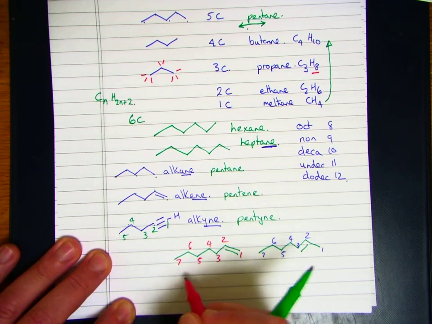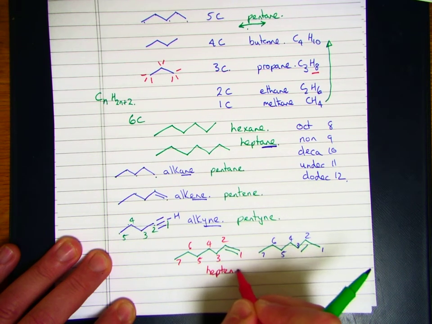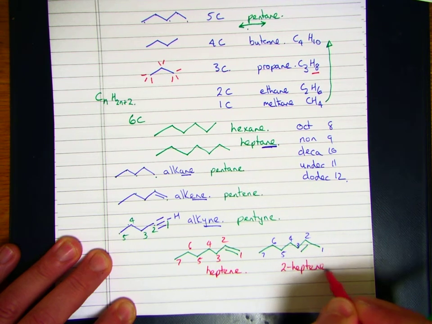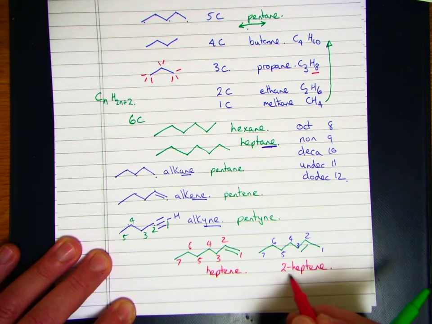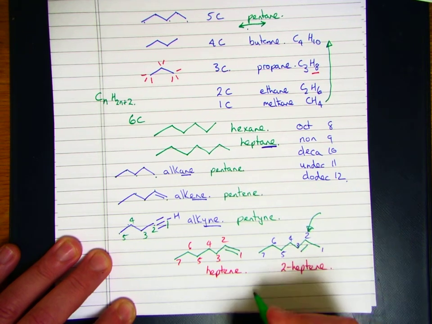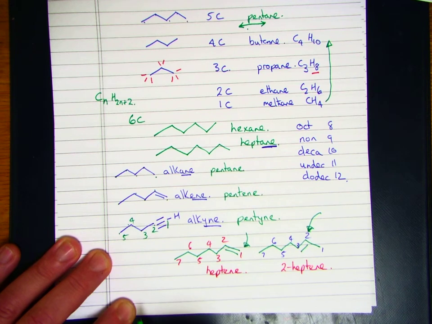They're both 7 carbons, so they both have the prefix hept. But this is 1-heptene, and this is 2-heptene. And hopefully you recognize that the reason this is 2-heptene is the double bond begins at carbon 2. Whereas here this is heptene, and we don't put a number there because it begins at carbon 1.